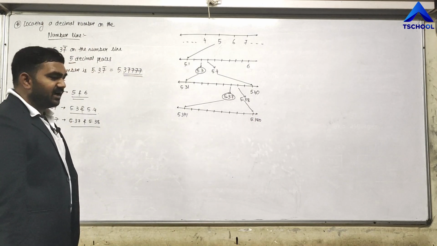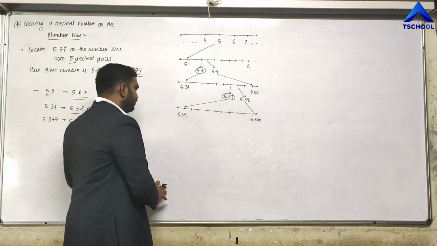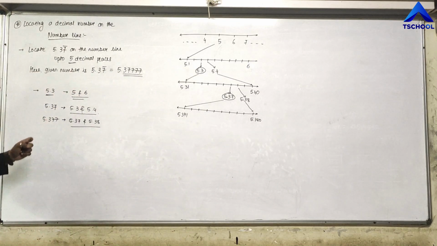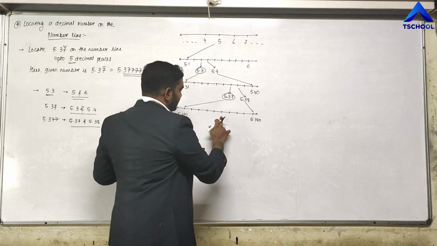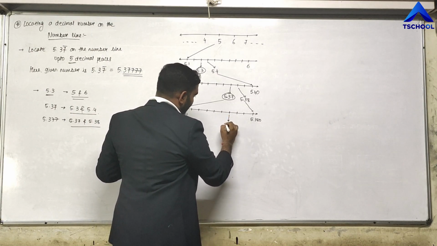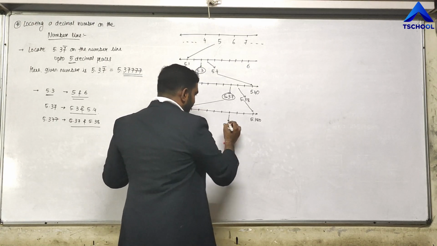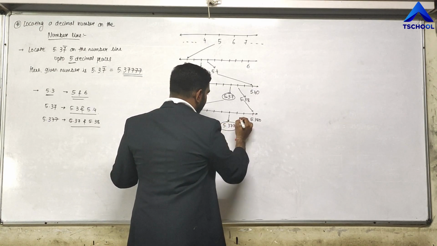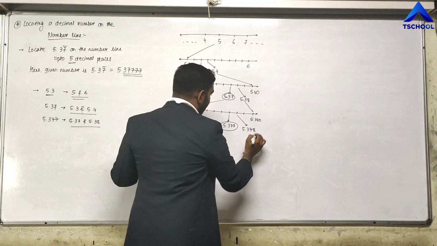Right, so that is how we can show 5.371 and 5.380. Now again I want to locate 5.377. So 371, 2, 3, 4, 5, 6 and 7. So that is my 5.377. Is it clear? I shall need the next point also, because for the next decimal I shall need 5.378.